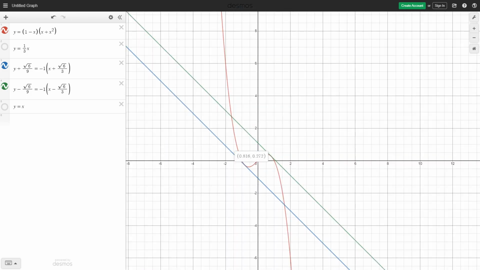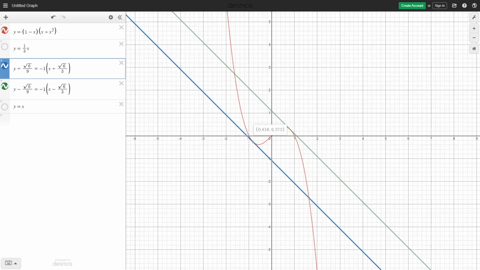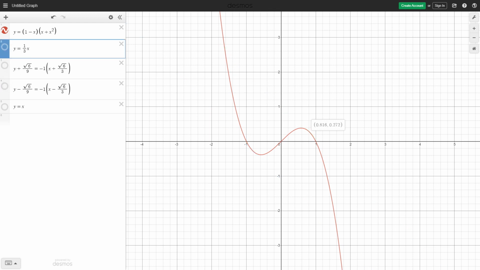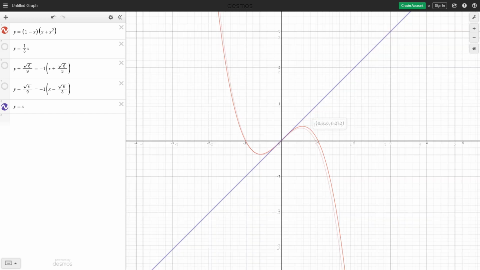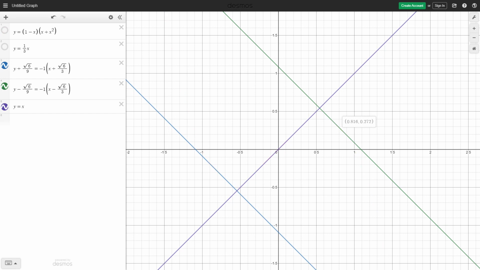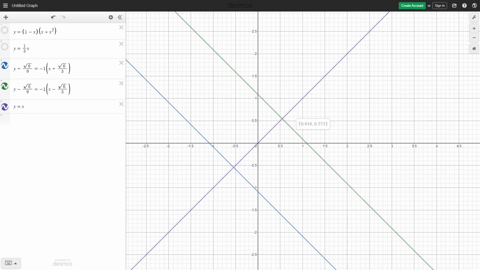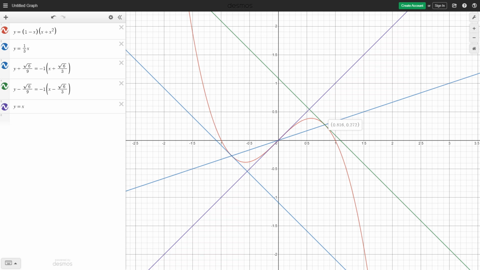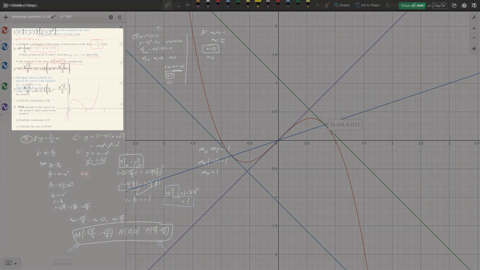So we can see graphically that the blue line is indeed parallel to the green line. And then we showed that the tangent at point N, the purple line, is perpendicular to the blue and green lines. It gets pretty messy here, but the idea is, I think, clear.